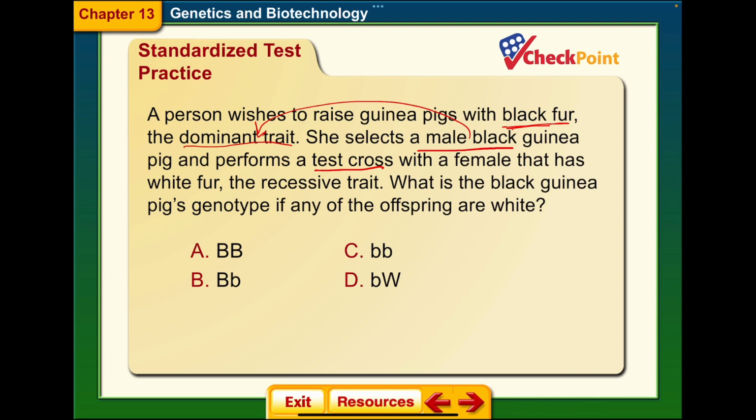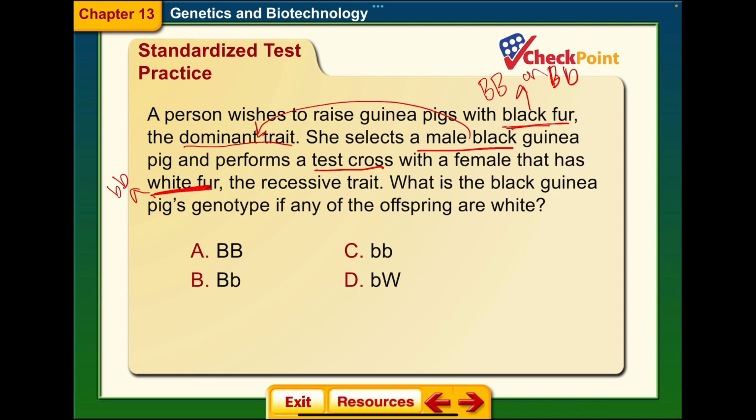And she wants to perform a test cross with a female that has white fur. If dominant is black, that means white fur is homozygous recessive. So this will be homozygous recessive. This will be homozygous dominant, and we can have 2 genotypes, either homozygous dominant or heterozygous.